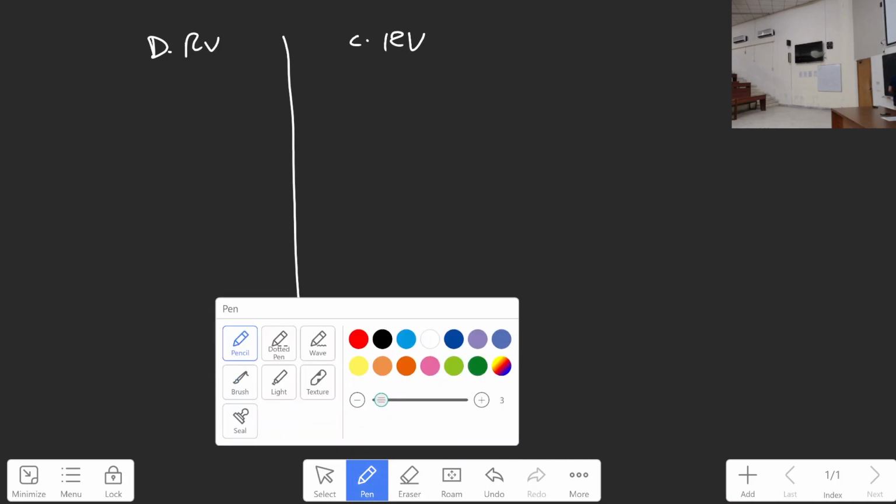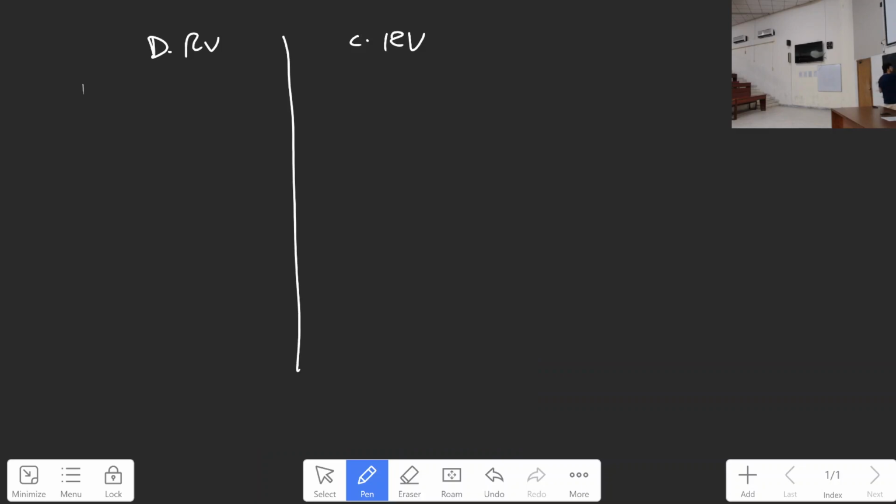So I will write the discrete case and the continuous case. Let's say we have the discrete case where I have some random variable taking 5 different values, 1, 2, 3, 4, 5 with different probabilities.